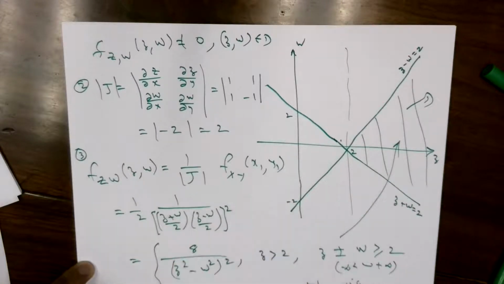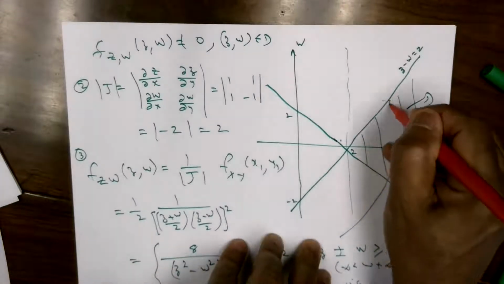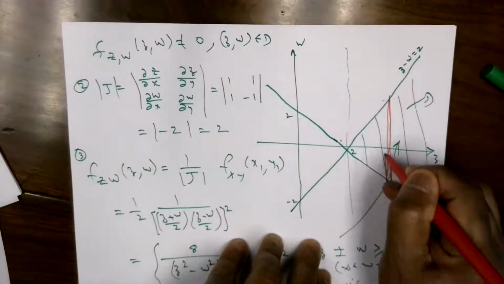So as far as the joint density function is concerned, notice that not only is c greater than w, c plus and minus w is beyond the 2. So if you want to find z, we integrate over w, so over this region.